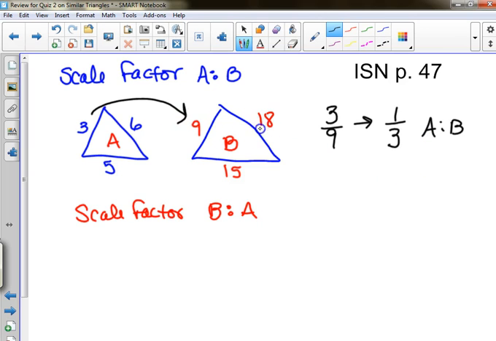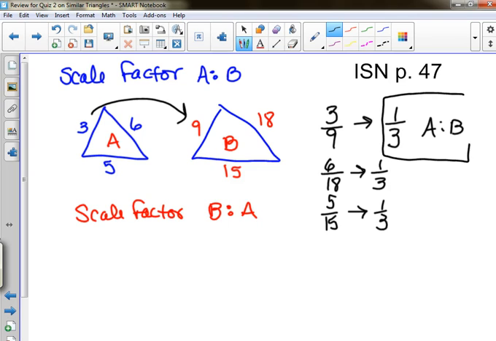You don't need to write all this down, but if you had picked 6 to 18 or 5 to 15, this still reduces to 1/3. Okay, so A to B, the scale factor would be 1 to 3. If they were to ask you B to A, I'm thinking one version of the quiz asked you to go the other way. B to A, you would have to take your arrow here and go this way.